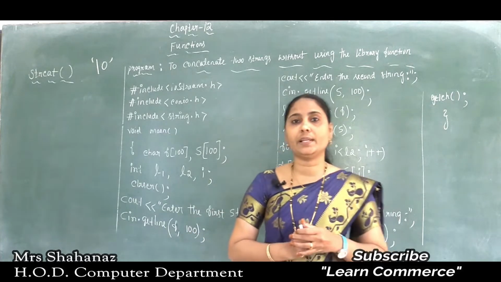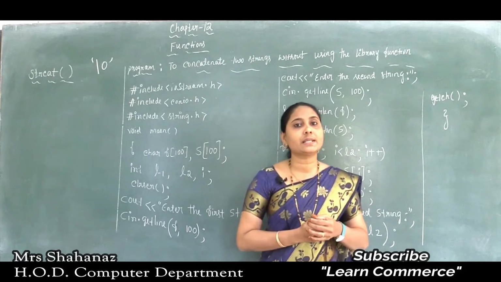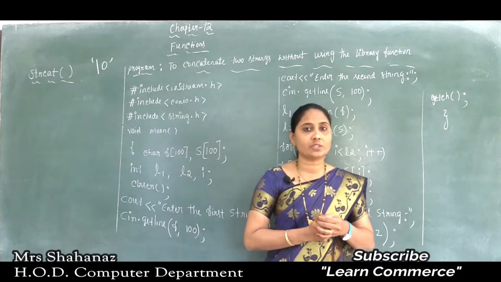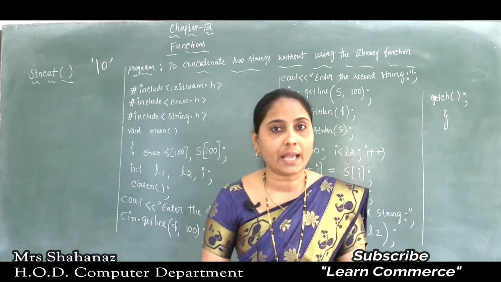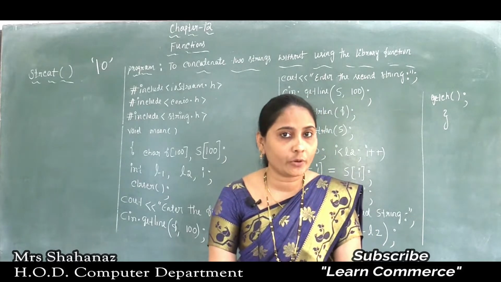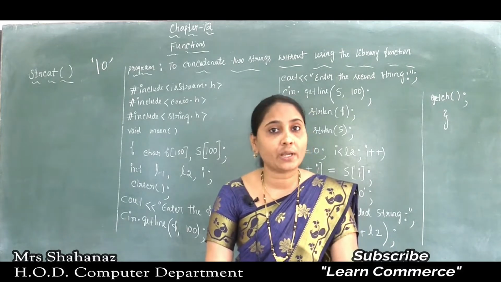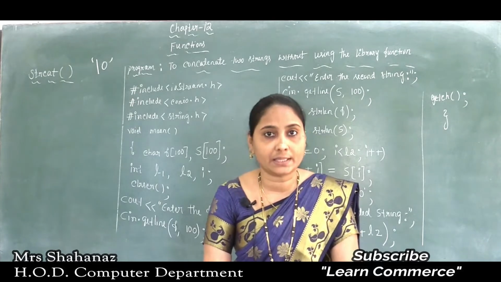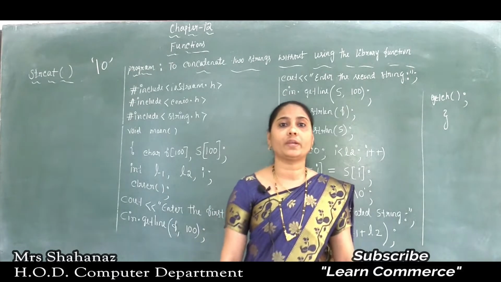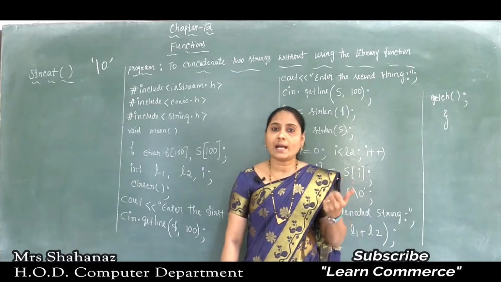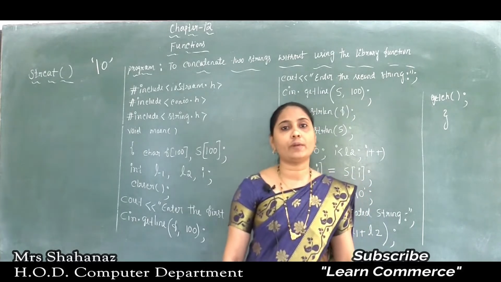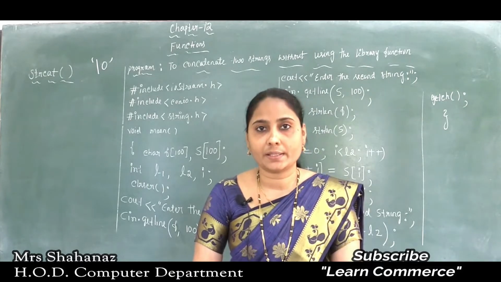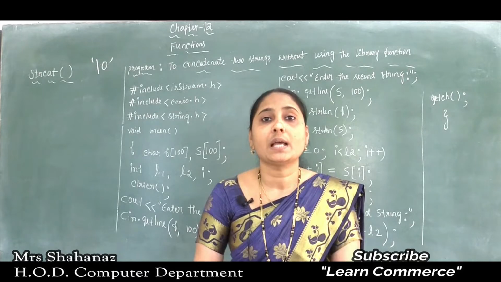After this, we already completed strlen. As we know, strlen is used for finding the length of the characters. We use strlen to find the length, the number of characters, of any string or group of characters. The syntax of the strlen function is: variable is equal to strlen, opening parenthesis, string, closing parenthesis, semicolon.